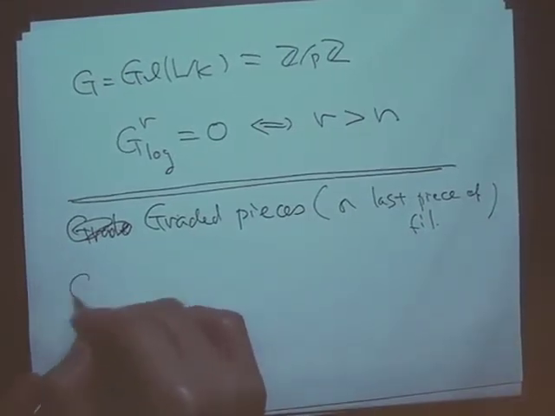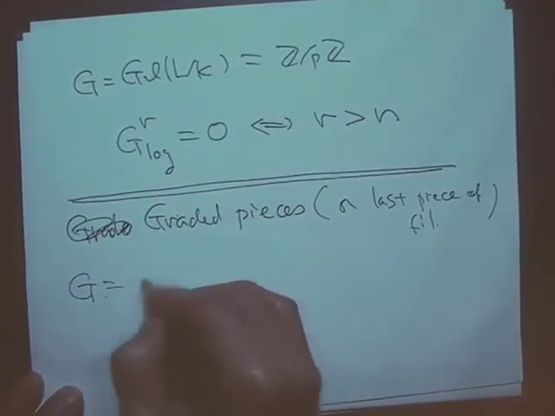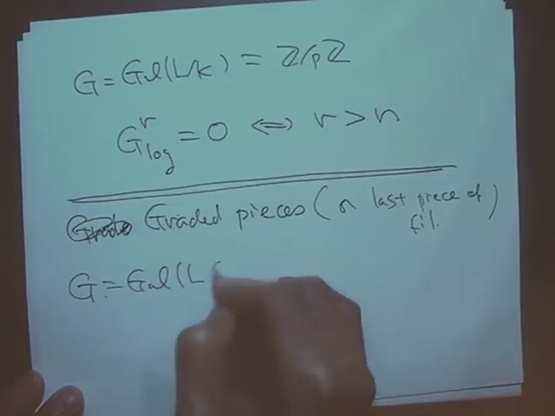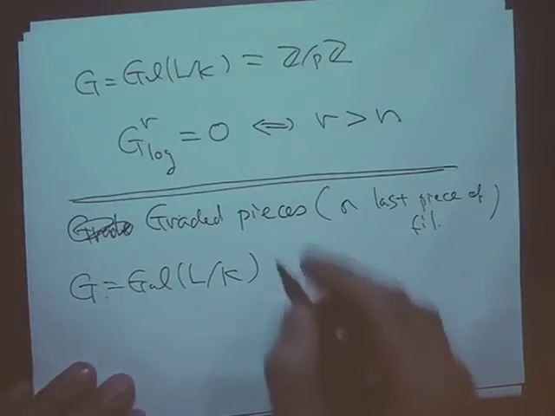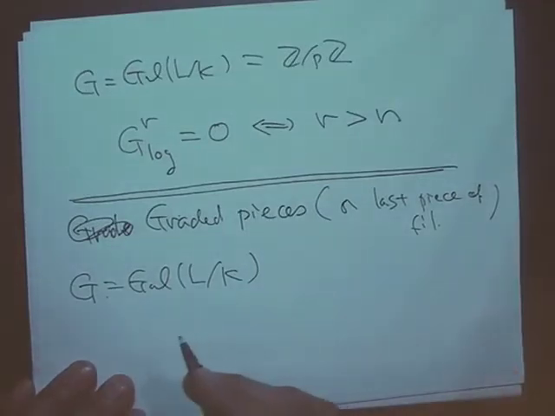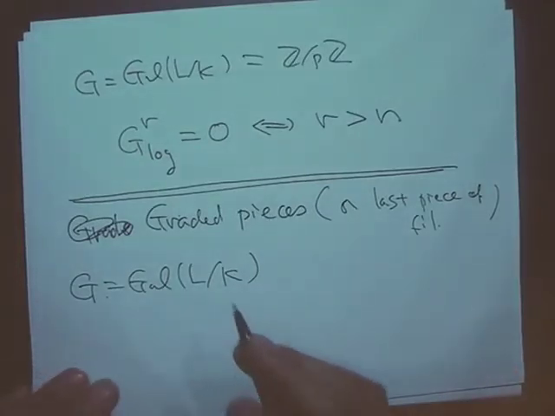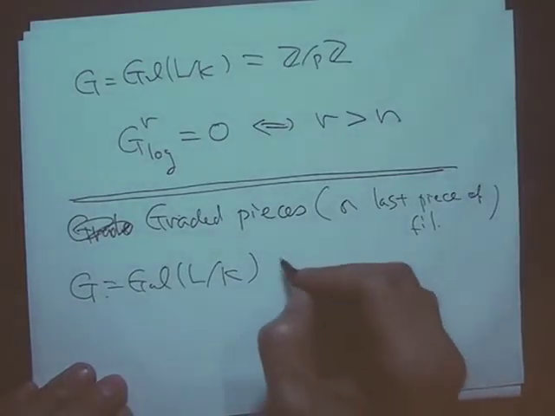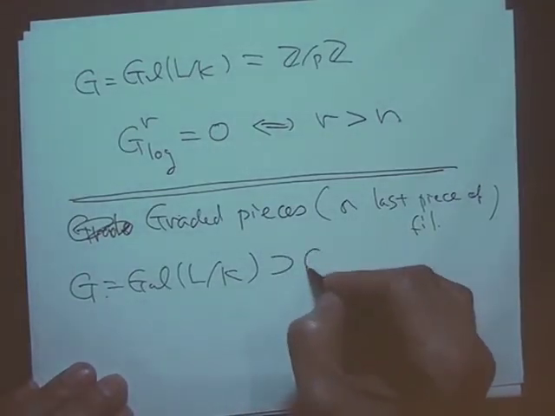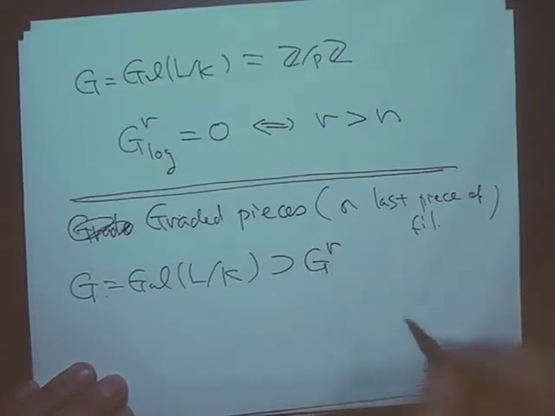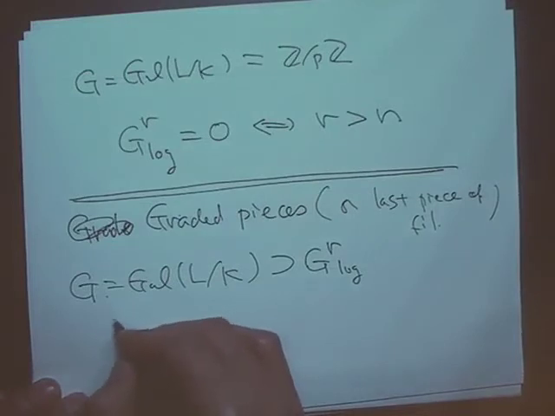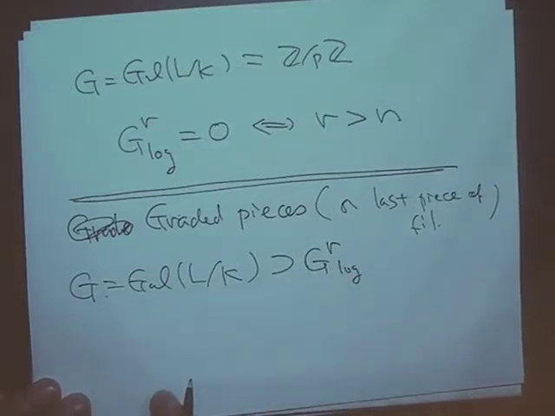So we go back to the general case, for an arbitrary Galois extension. There is the last jump of this filtration. So we have defined such a filtration, and there is a last jump.